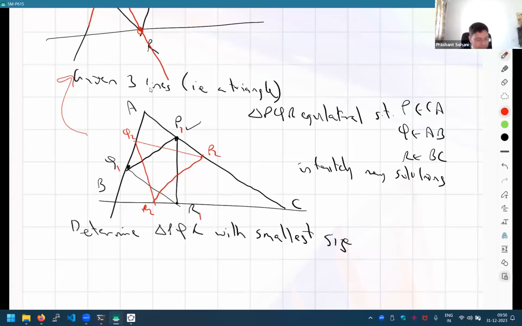And just to be clear, in my diagram the triangles are looking almost like congruent, but I hope you understand that is not the case. I could take this P2 Q2 R2 a little bit far away, just to dispel that notion that we are talking about congruent triangles. We are talking about similar triangles. So suppose I take P2 over here, then you see now the second triangle will be quite larger in size.